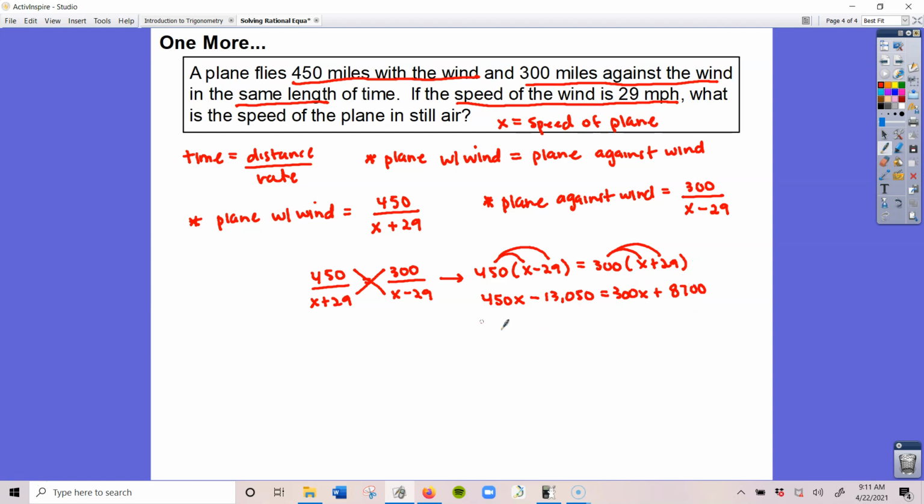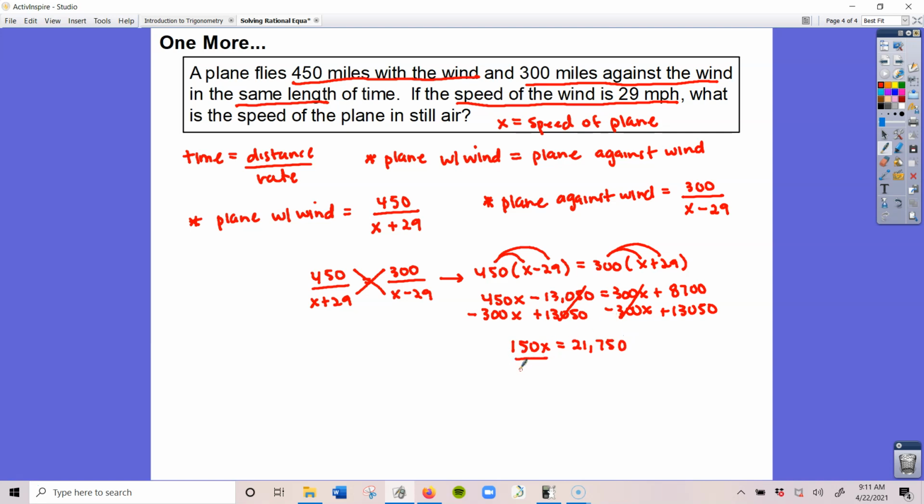So now this is not a quadratic equation, so I can just isolate the x. So I'm going to move my x to the left, and I'm going to move these numbers to the right. So I'm going to subtract this 300x so that my x's are all together. And I'm going to add this 13,050 over to the other side as well. And we get here 150x is going to equal 21,750.